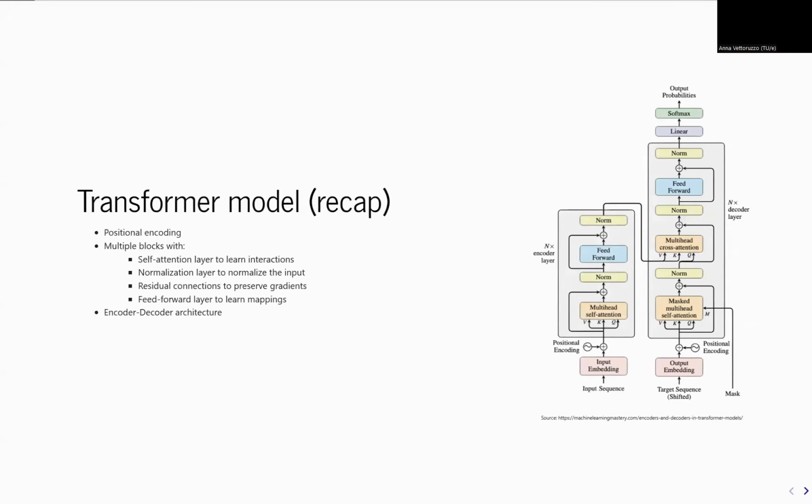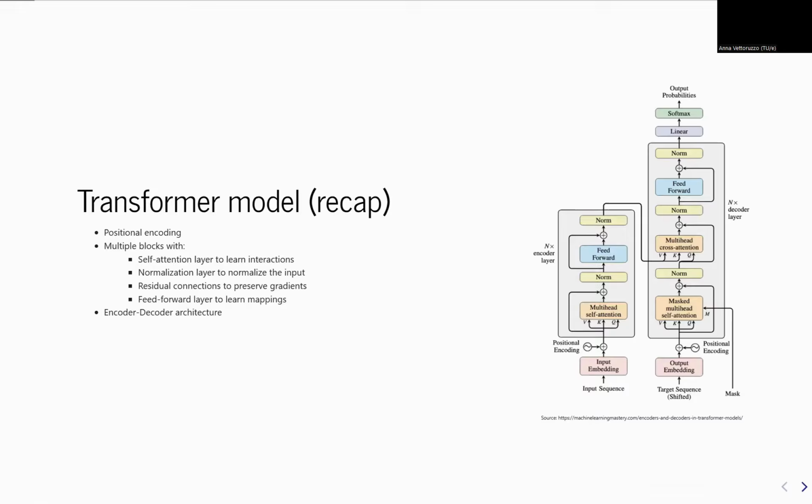But let's get started. The architecture follows a classic encoder-decoder structure where the encoder extracts information from the input sentence and it provides this information to the decoder to make the final prediction. The input sentence is first converted into embeddings or tokens, and then a positional encoding is added to each token to capture information about the order of the words in the input sentence. The tokens then pass into the encoder and decoder layers.